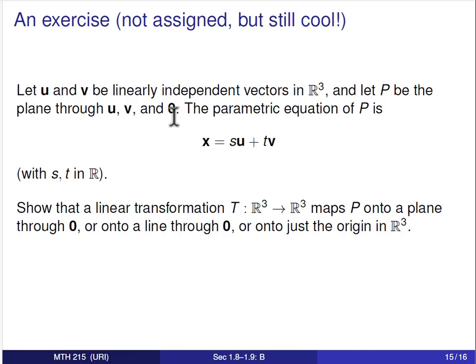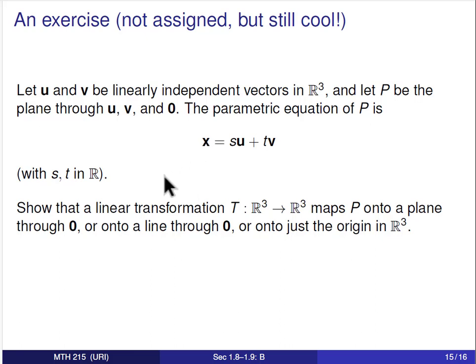Remember, the span of two linearly independent vectors is a plane. The parametric equation of that plane P is given by x equals su plus tv, where s and t are free scalars. They're allowed to be anything in the real numbers, and as they run through all possible real numbers, that sweeps out all the possible points in our plane.